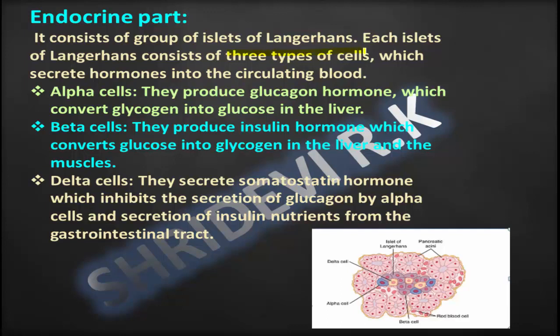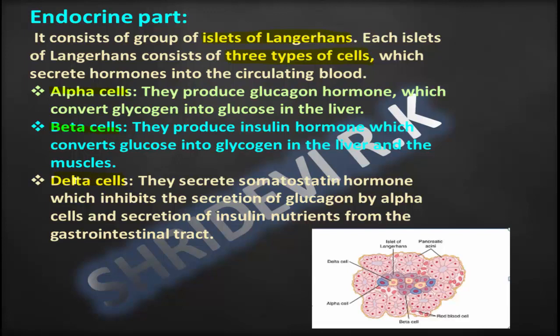What is the name for the secretion? The secretion of the endocrine part is called hormone. And what is the name for the endocrine part of the pancreas? It is called islets of Langerhans, and this consists of 3 types of cells. What are those? Alpha cells, beta cells and delta cells.